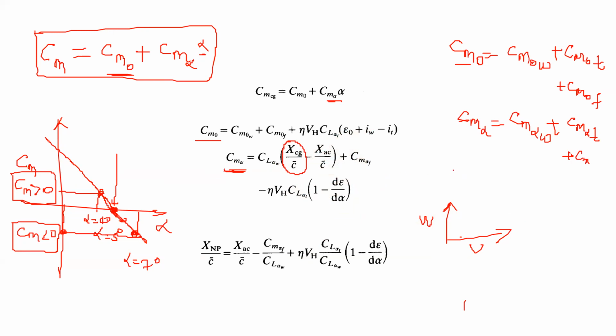Because we solved a question where the weight fraction was approximately 29% of the entire aircraft. So imagine you are exhausting, let's say, 20% of the fuel of your aircraft. Your CG is naturally going to change. So your Cm alpha number is going to change. So this slope is going to change, right?